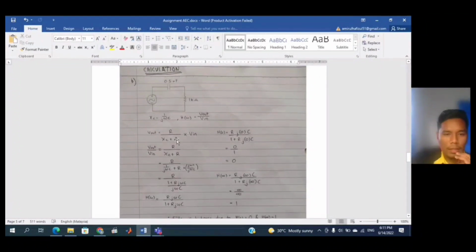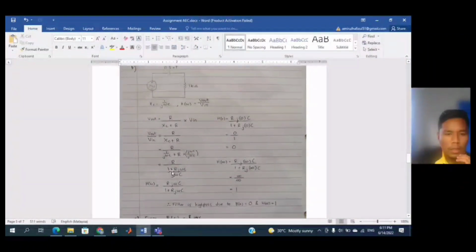From this equation, we change the impedance of C to 1 over j omega C, and we get R over 1 over j omega C plus R. We multiply by j omega C over j omega C, and we can get H(omega) equal to R j omega C over 1 plus R j omega C.